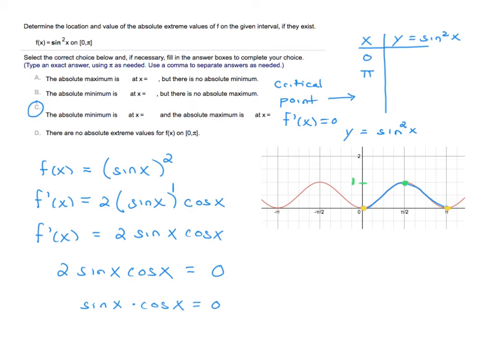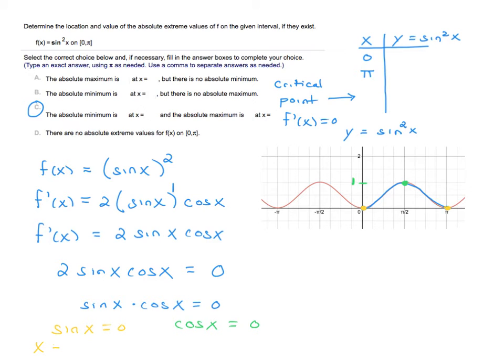And again, this only works if one side is actually equal to 0. So I'll set sine of x equal to 0 and solve that for x, and I'll also set cosine of x equal to 0 and solve that for x too.